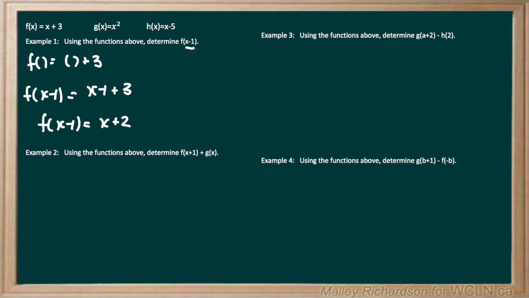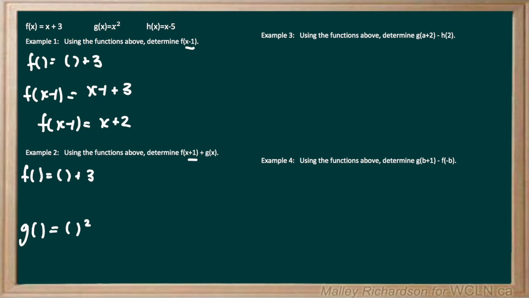Now example 2 wants us to use the functions above to determine f of x plus 1 and g of x. So we're going to use f of x first, so f of empty brackets equals empty brackets plus 3. And then we're also going to have g of x, with g of empty brackets equals empty brackets squared. Now wherever we see empty brackets in our f function, we're going to replace it with our new variable of x plus 1.